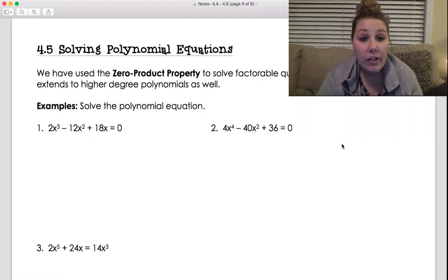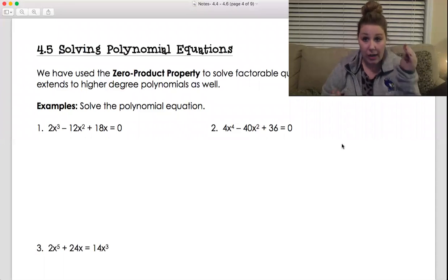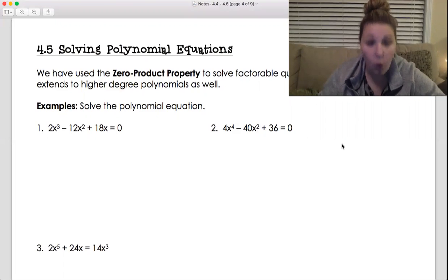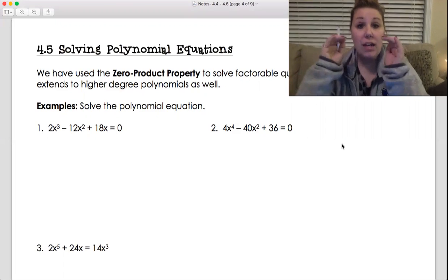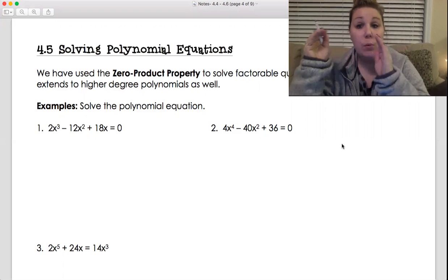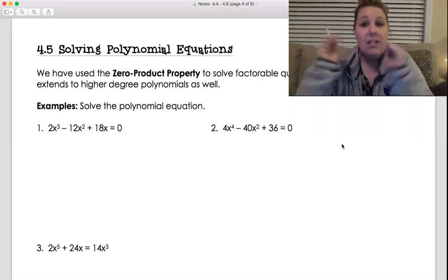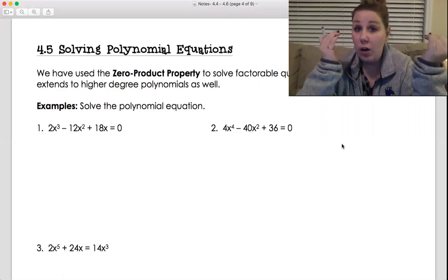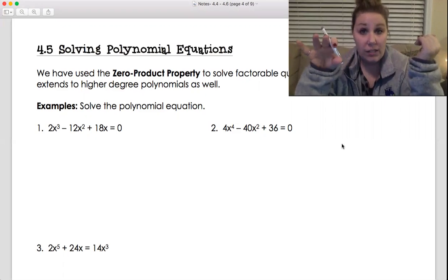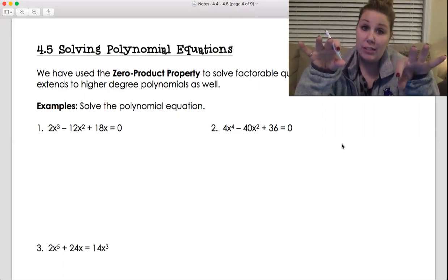So we are going to look at how we can solve polynomials by factoring. If you remember when we did quadratics, the whole point was that we got it equal to 0, and then we factored and we said if this times this equals 0, then either one quantity is equal to 0 or the other quantity is equal to 0.